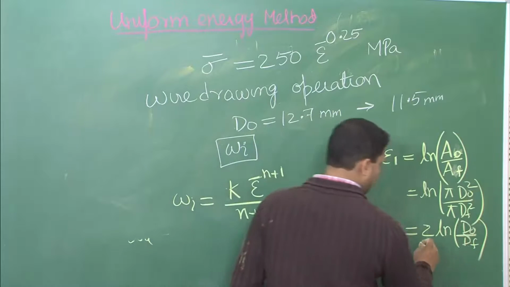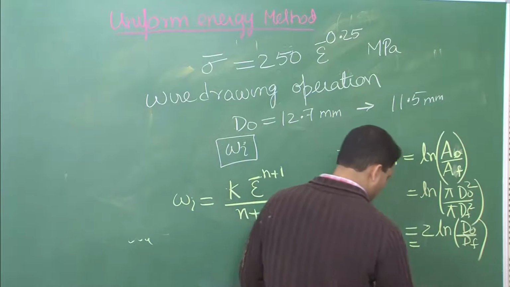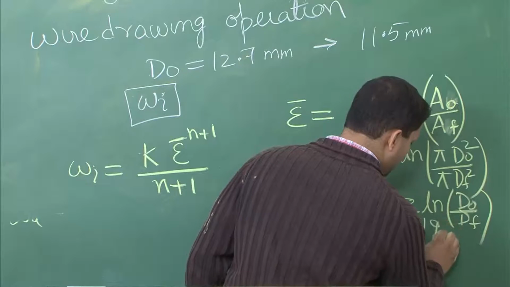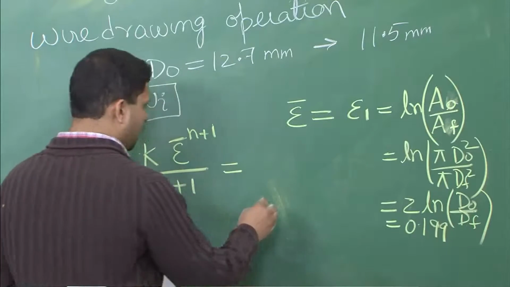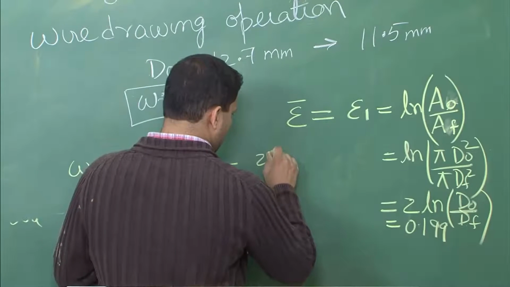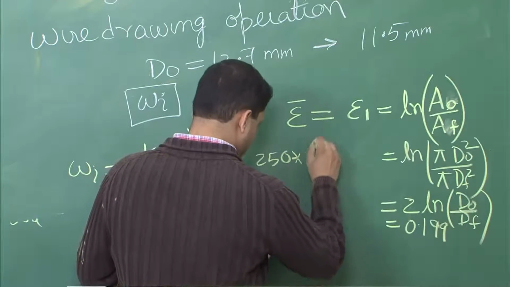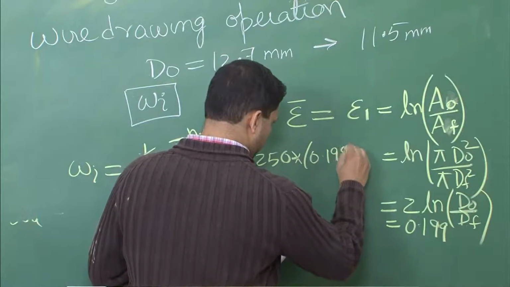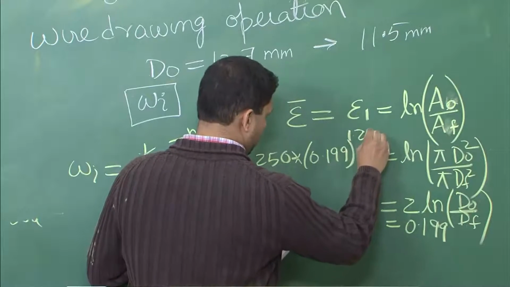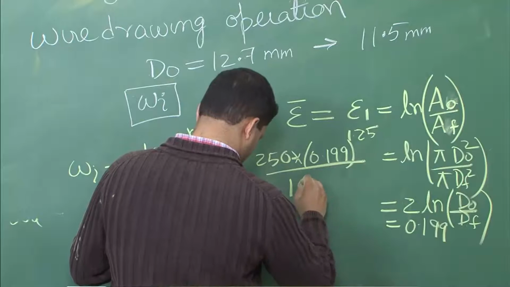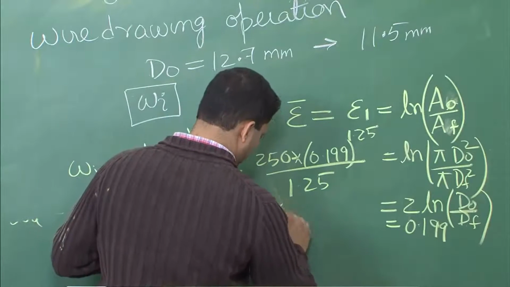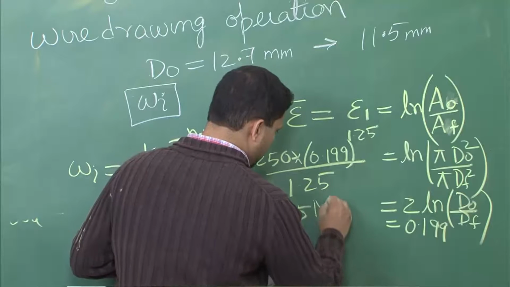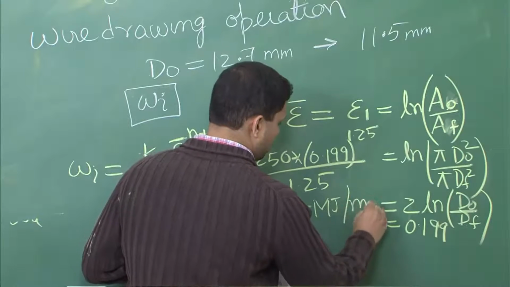So, now you put in the values over here and you would see that it comes out to 0.199, and we will put the same values over here and you would see it will come down to 26.5 megajoule per meter cube.